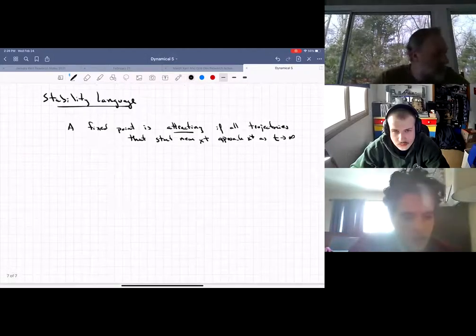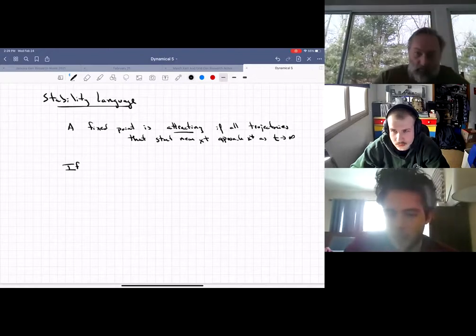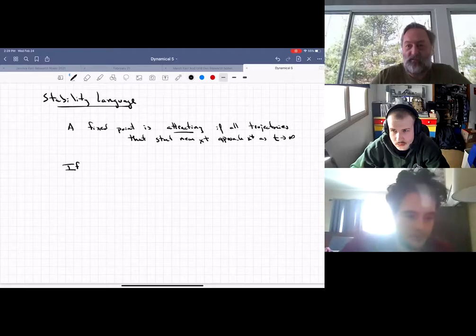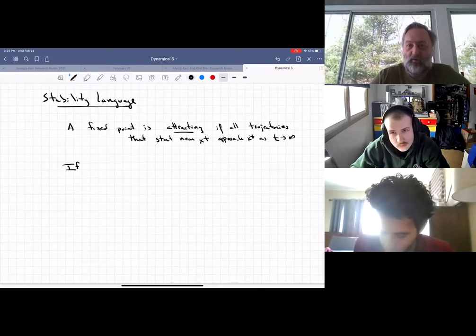Okay. As objects, what sort of objects? A fixed point is said to be attracting. We say that the fixed point is attracting if the trajectories that start near it approach it as t goes to infinity.